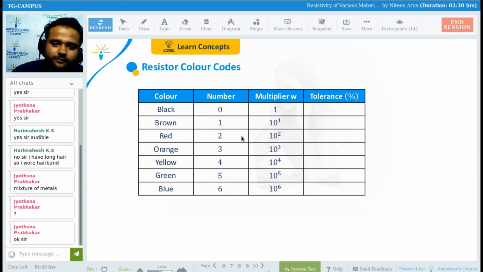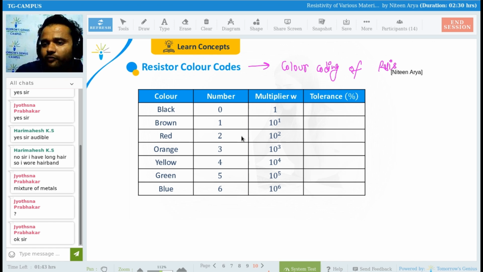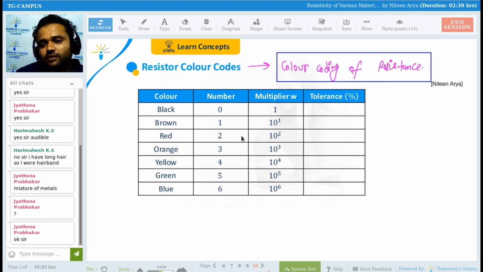This is an important thing. Color coding of resistance. If you understand this, then your life is easy for so many years.